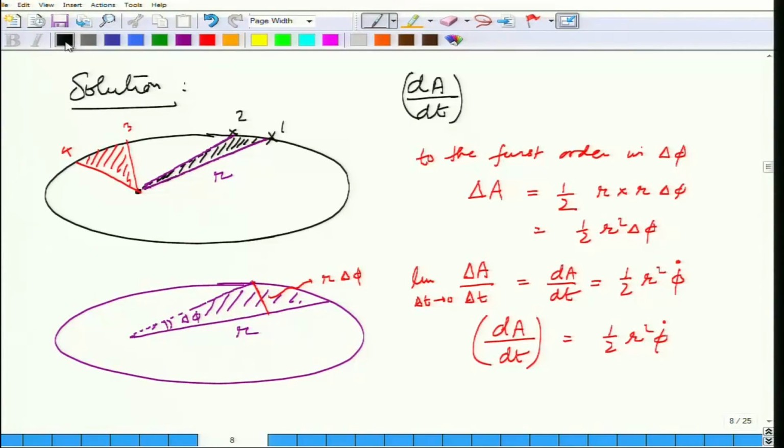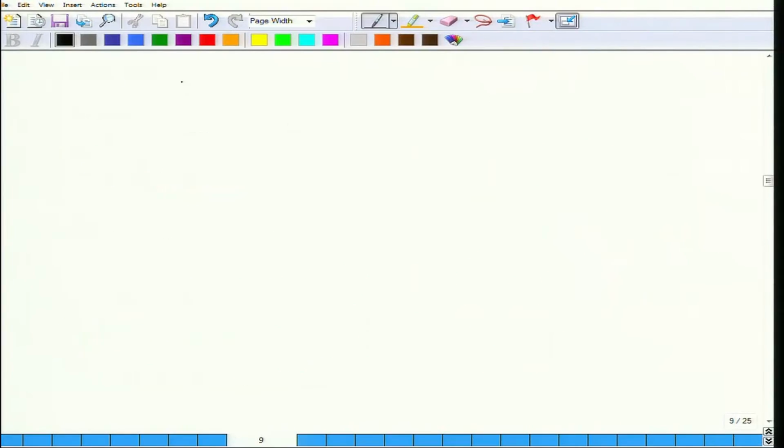So dA/dt is 1/2 r square phi dot. Now you see why I neglected the second order. If I included the second order, with delta t going to 0, it is going to vanish, because delta phi delta t divided by delta t is going to be finite, but delta phi will go to 0. So this is the rate of change of area.